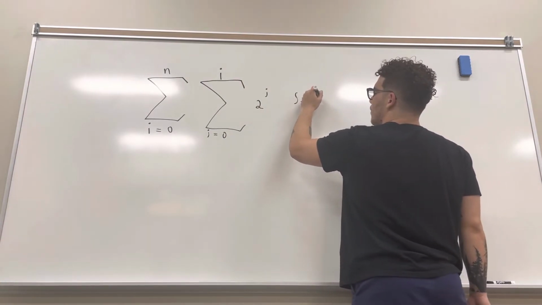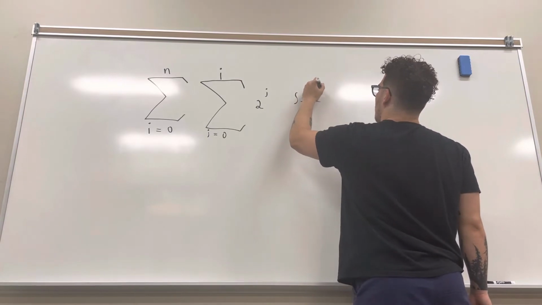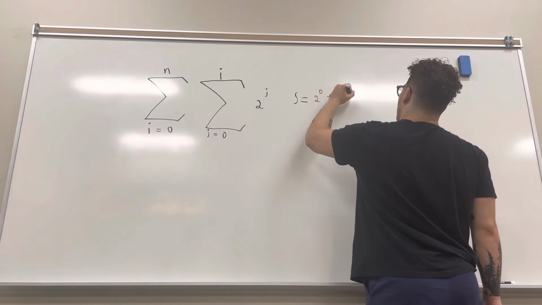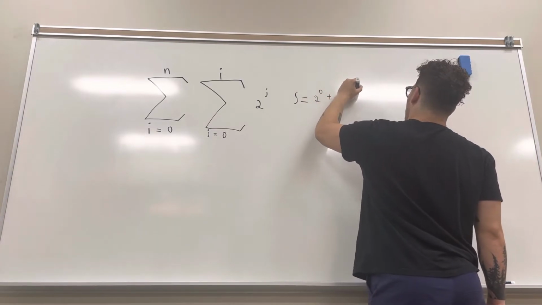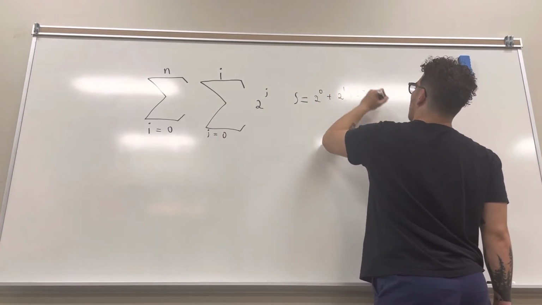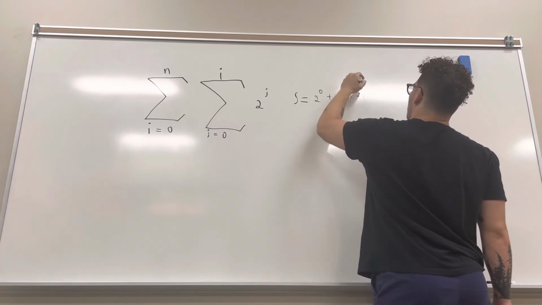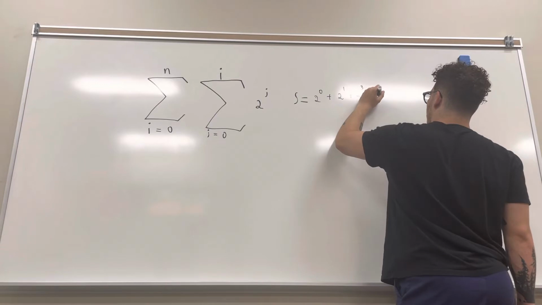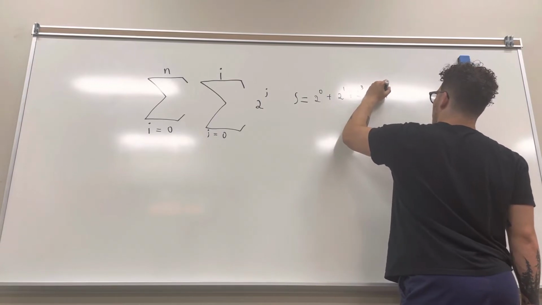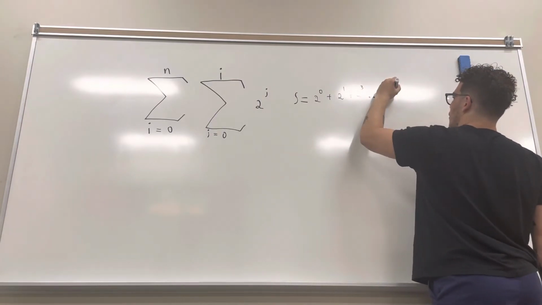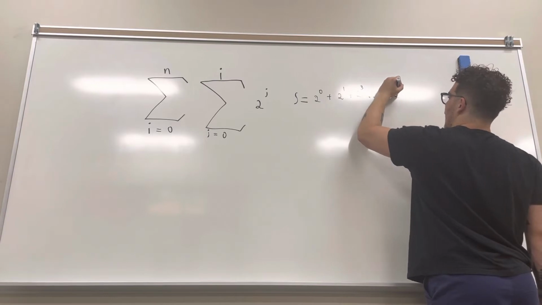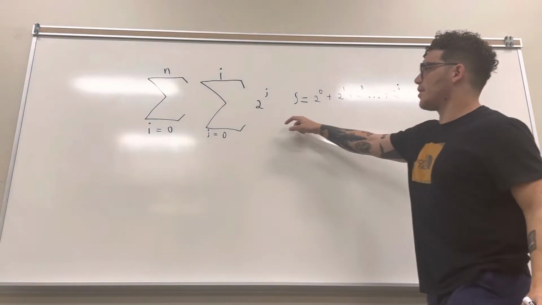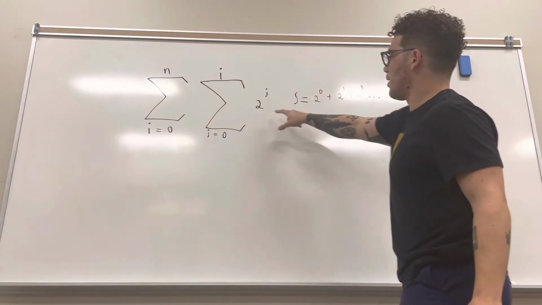So we go 2 to the 0 plus 2 to the first plus 2 to the second, dot, dot, dot, plus 2 to the i. Okay? And we can all agree that this is pretty much the expanded version of this.